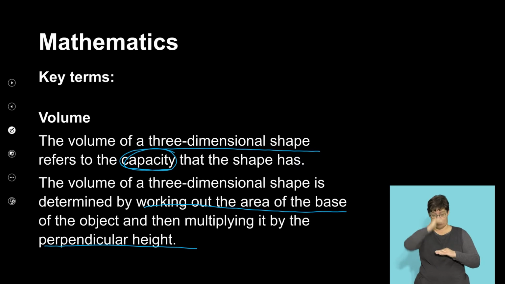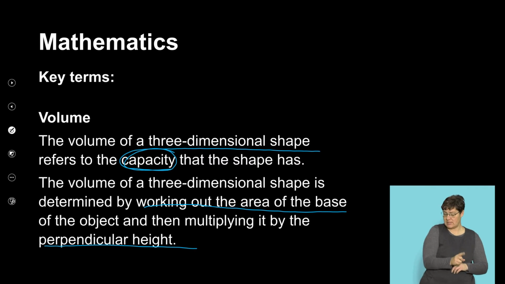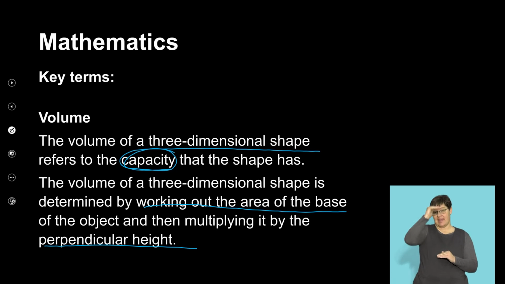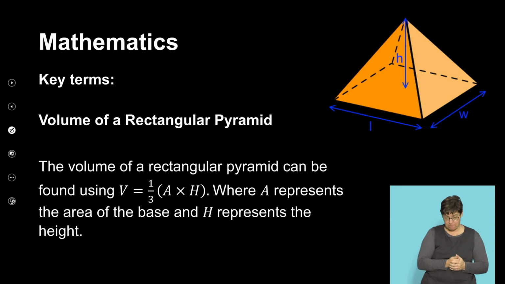So the volume is calculated by first establishing what the base of the shape is, and we then multiply it by the perpendicular height. Please make sure that you always check that you know which height you've been given, because there is a chance that you might have to first calculate the perpendicular height. Let's go to the next slide.